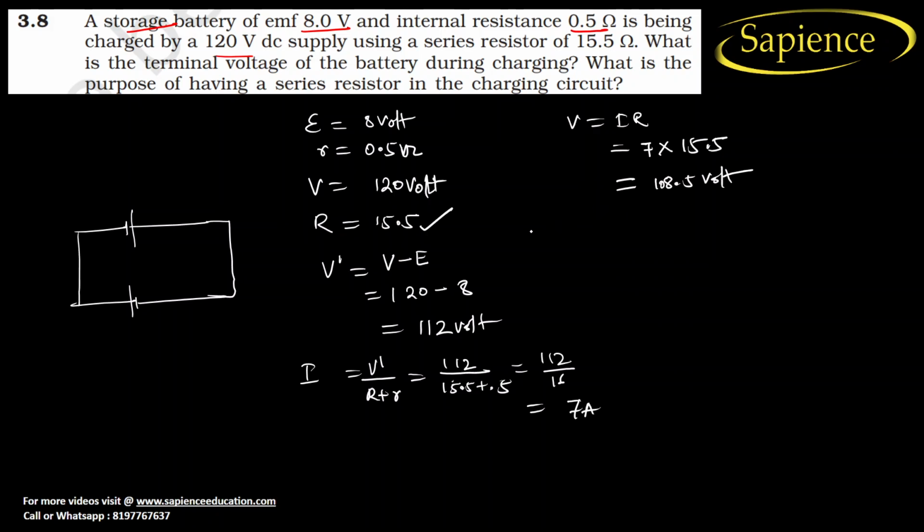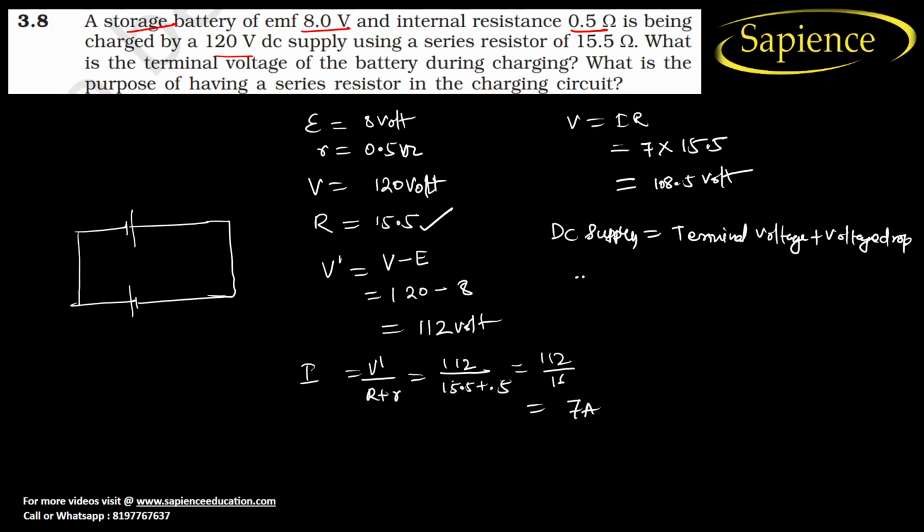Now DC supply voltage, we know that DC supply is equal to terminal voltage plus voltage drop, right? So DC supply is equal to terminal voltage plus voltage drop.